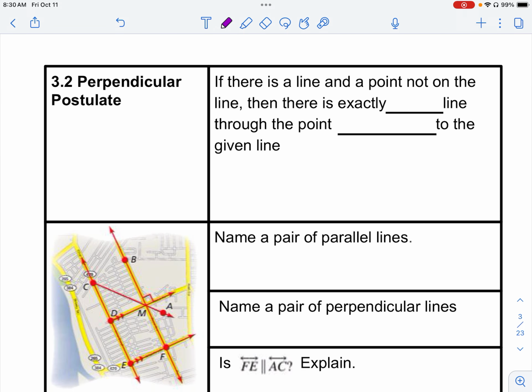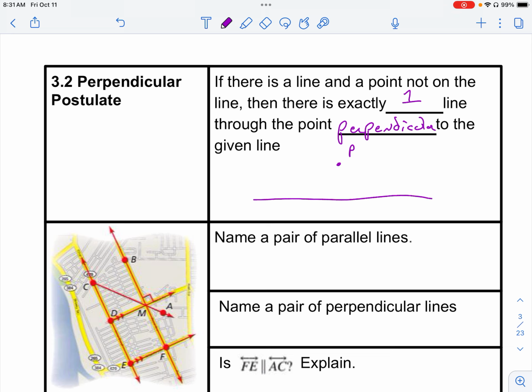Well, let's look at our perpendicular postulate. Just like the parallel postulate, if there's a line and a point not on the line, there's exactly one line and only one line through the point perpendicular to the given line. So what does that look like?